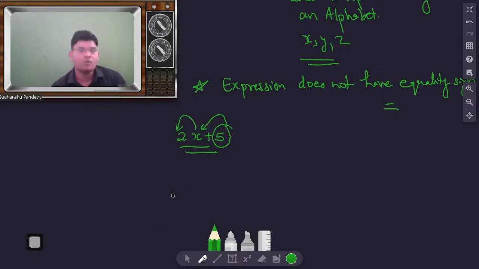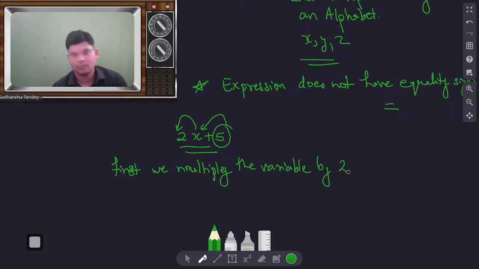If I am asked what kind of expression this is, we can say: first we multiply the variable by 2 and then add 5 to the product. Understood?